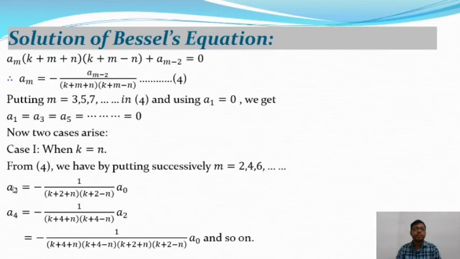So after putting the value of a2 in this equation, we will get minus 1 by (k+4+n)(k+4-n)(k+2+n)(k+2-n) of a0, and so on.